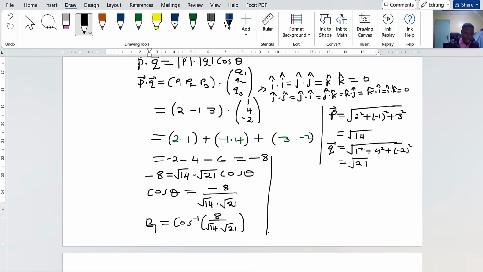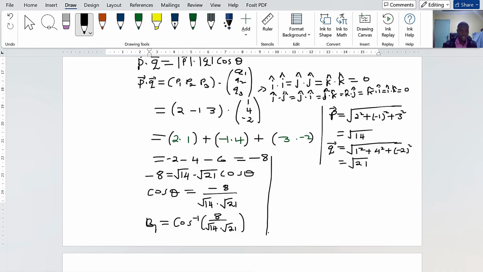Let me clear this. So I have 8 divided by, in brackets, the square root of 14, close the bracket, times the square root of 21. Close the bracket and then close again.